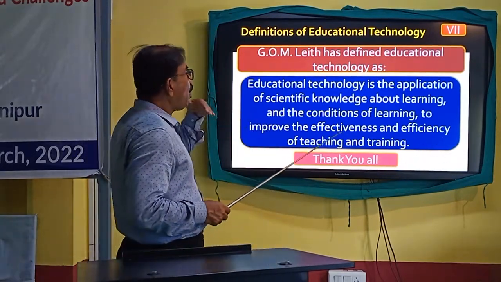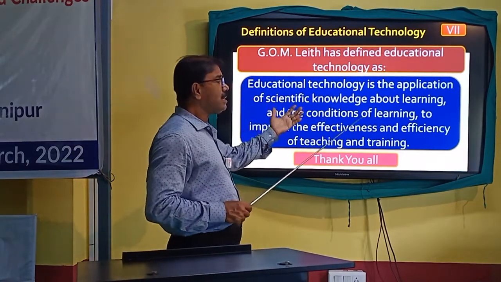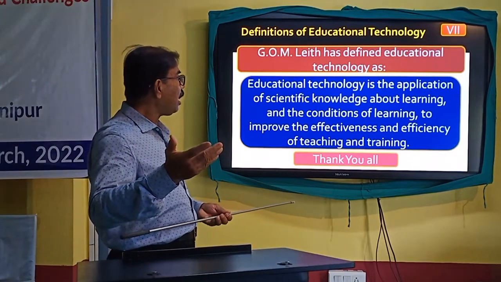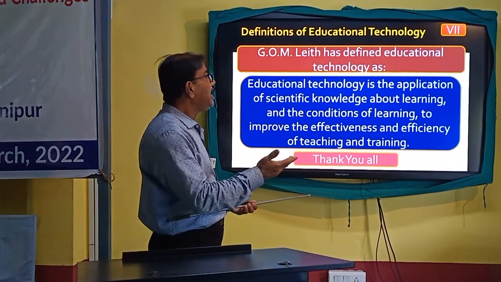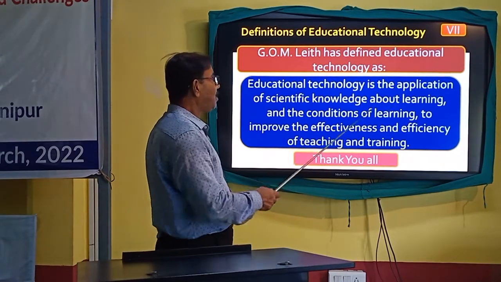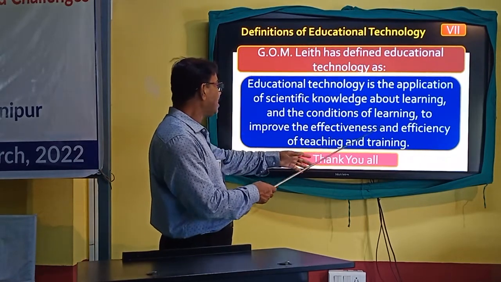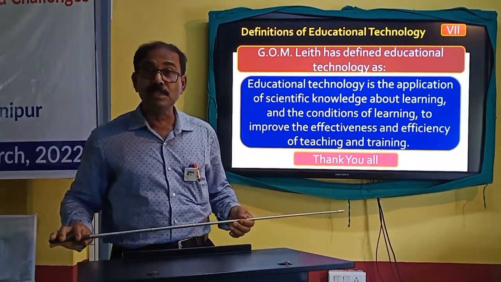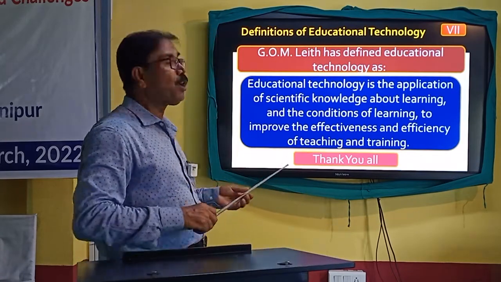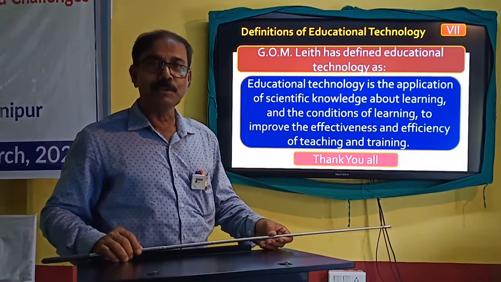The tools, devices and assets of educational technology link with the process of learning and conditions of learning, to improve the effectiveness and efficiency of teaching, as well as the process of training.